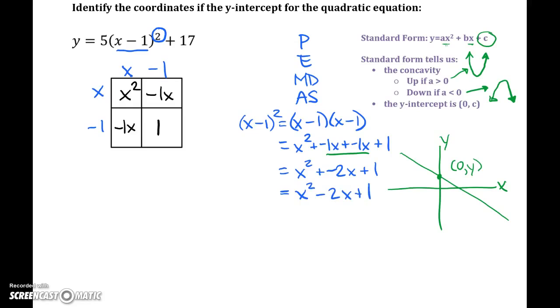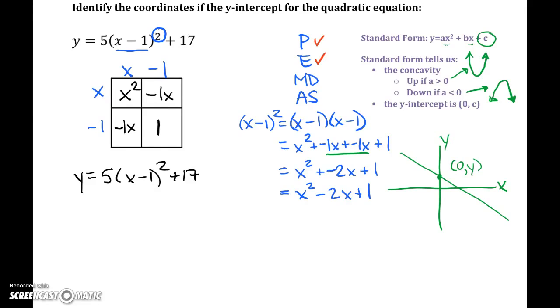So now that we have the exponents taken care of, if we go down our order of operations checklist, we didn't have any parentheses to do. We took care of the exponents. So now we have to deal with the multiplication and division. Going back to our original equation up here, we see that we have y equals 5 times (x minus 1) squared plus 17.